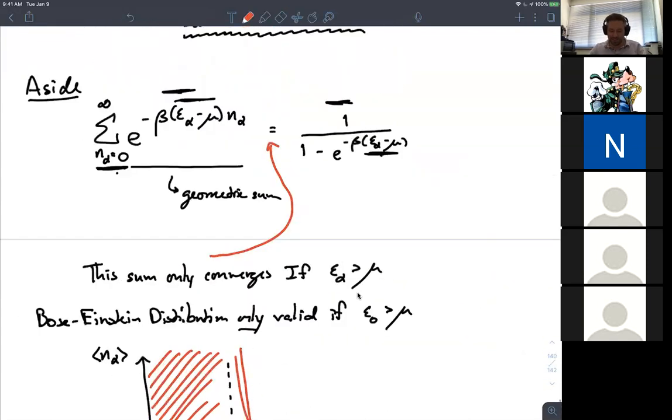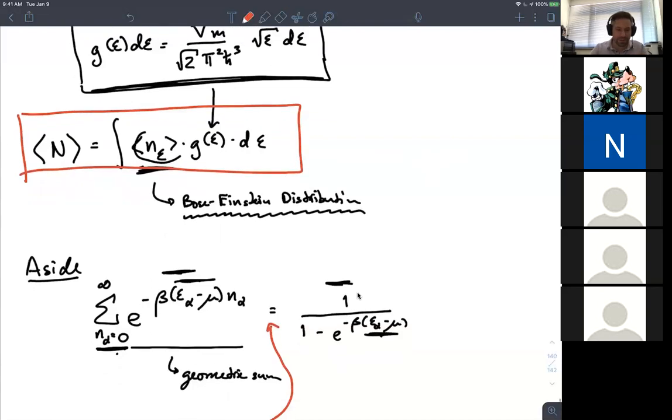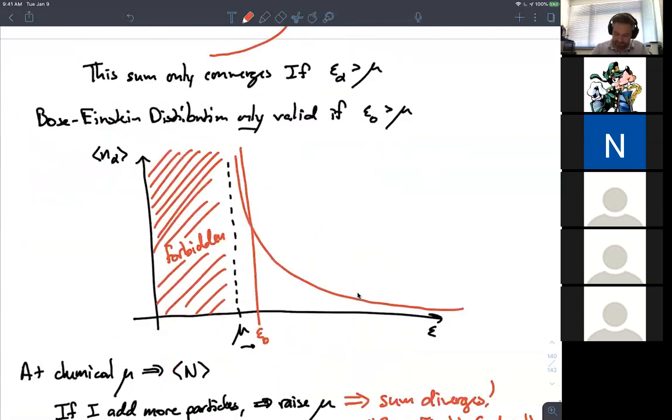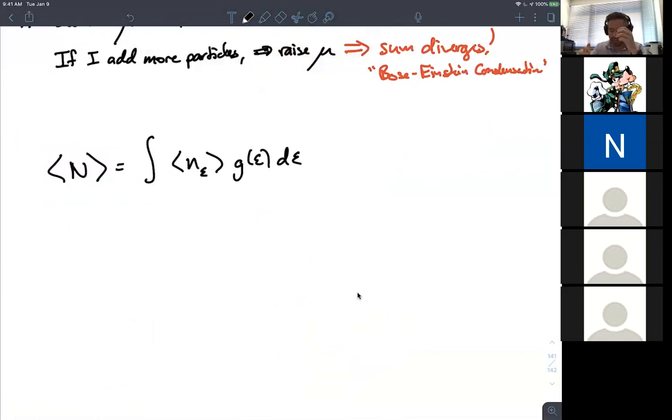All right, so now let's go back to this thing we were calculating right here. Let's write it again. So we calculate the average of N is equal to the integral of n(e) g(e) dE, and we're going to integrate this again up to infinity.